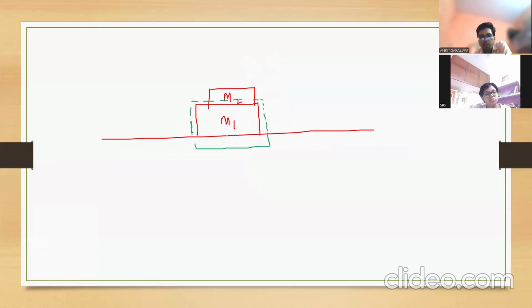Understood? So M2 will repel this M1 like this. Similarly, this is ground, like this. Okay? Understood?